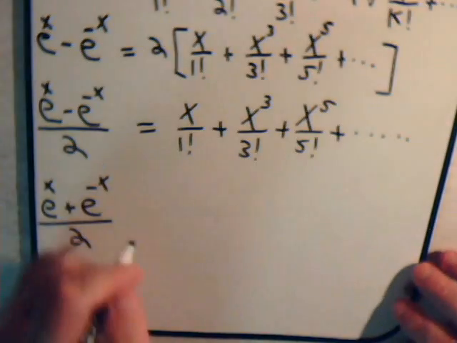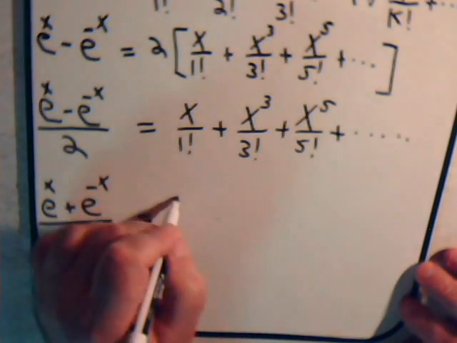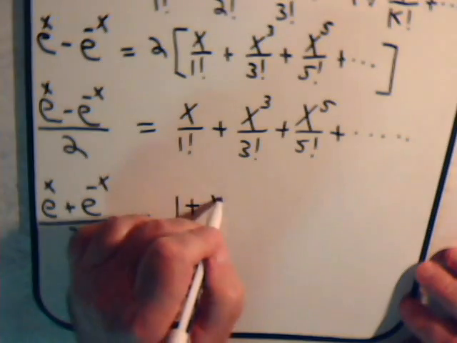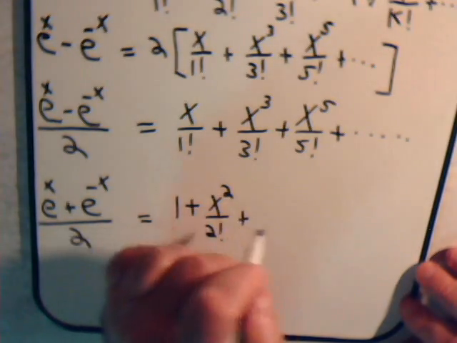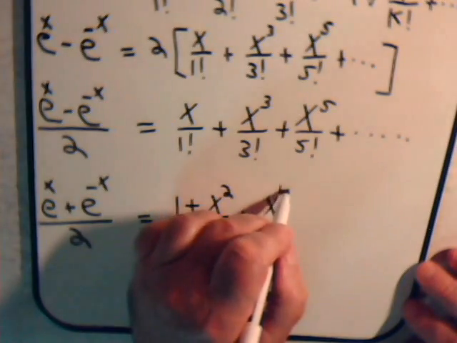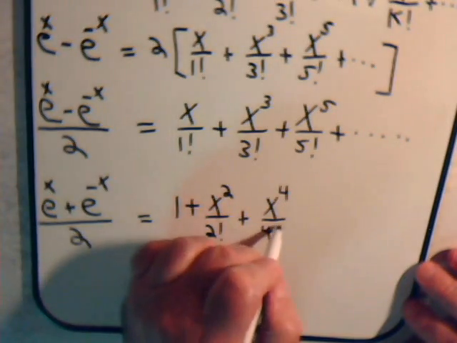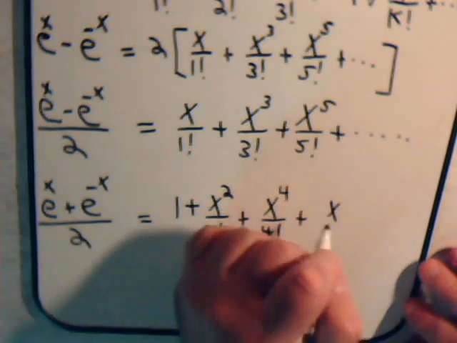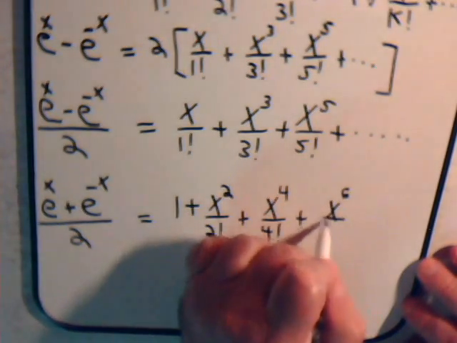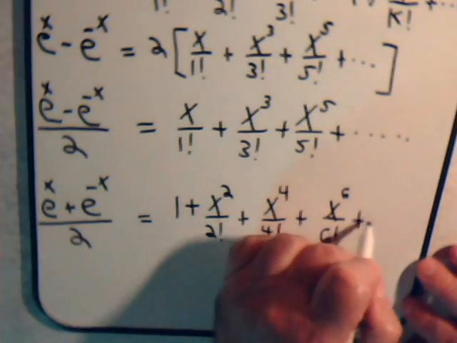Here we're divided by 2, so this comes out to be equal to 1 plus x squared over 2 factorial, and now we have strictly even powers and even factorials, like this, and so forth.